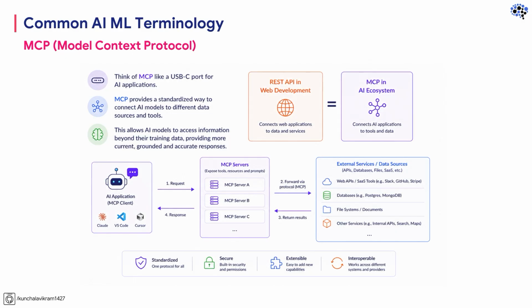Using MCP is like having a standardized method for AI applications to talk to external services. MCP provides a standardized way to connect AI models to different data sources and tools. This is just like REST API in web development; we have MCP in the AI ecosystem.